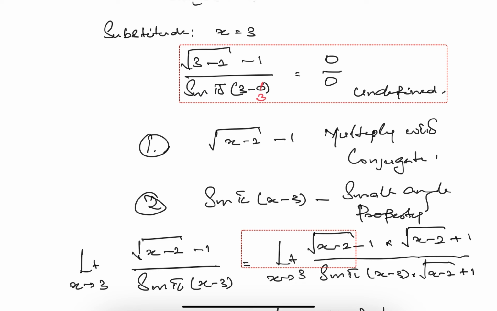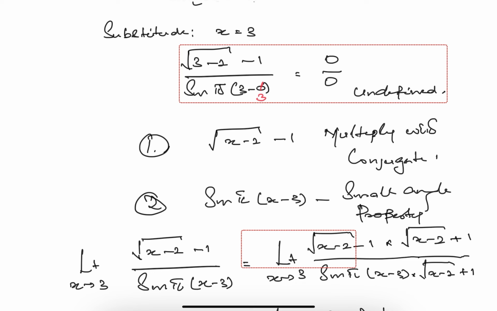If there's a root and the function has a plus or minus, then we look for the conjugate of that function. Multiplying the conjugate on the numerator and denominator may help.